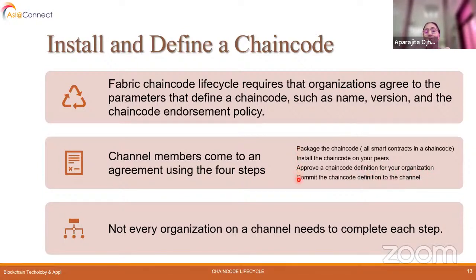So these are the 4 things: package, install, approve, and commit. But remember that not every organization on a channel needs to complete each step, because there can be organizations which have a greater role to play in a network, and there can be other organizations that join later, and they may not be required to follow all the things.